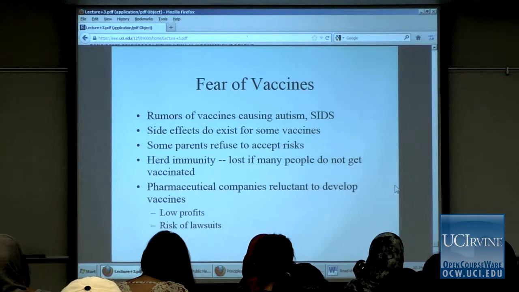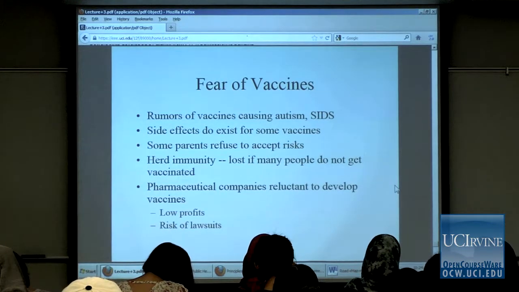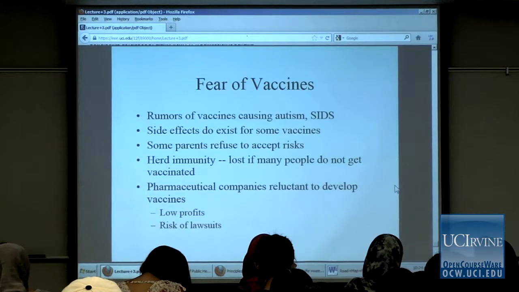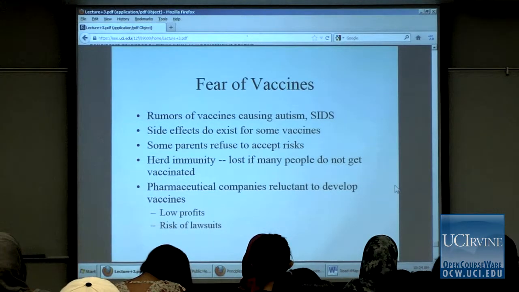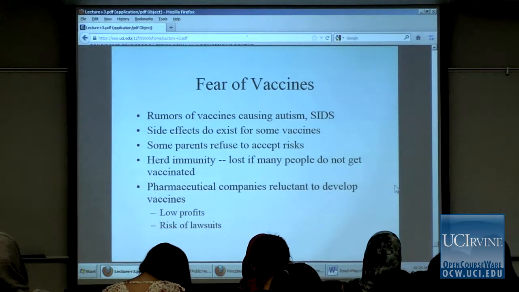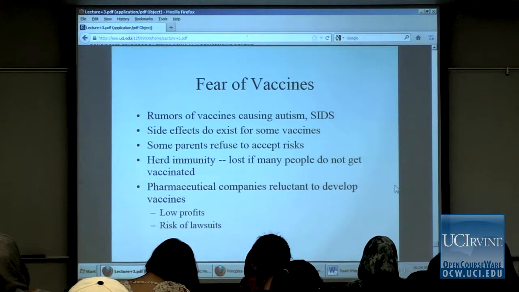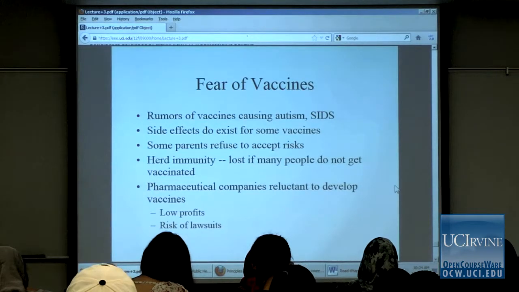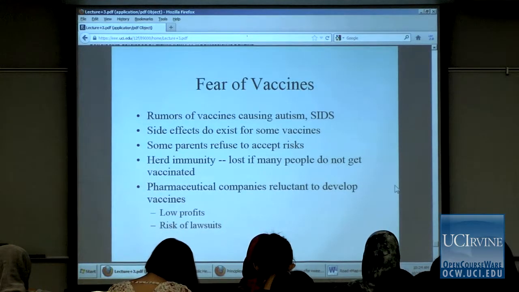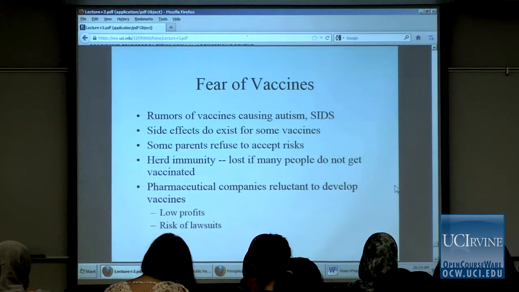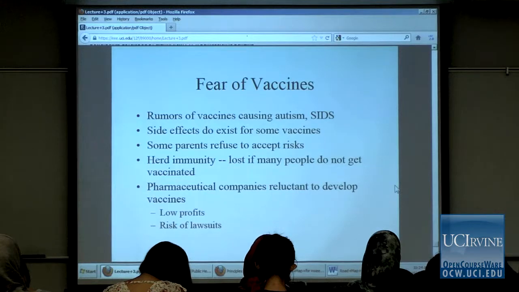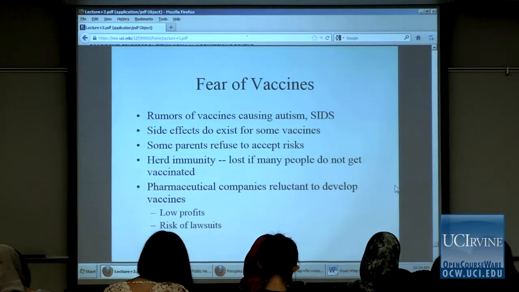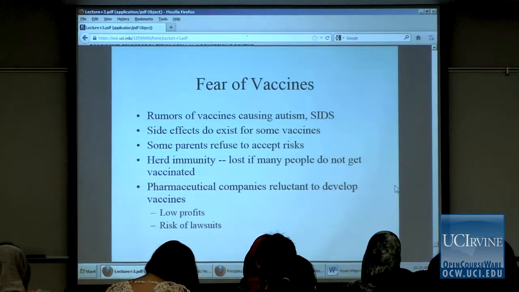Based on that, the components of how the vaccine was developed were also changed. Sometimes mercury was used there because mercury helped keep the vaccines on the shelves for a prolonged period of time. And if the children were receiving multiple vaccines and were sensitive to this component, that could be quite detrimental to the children's health.